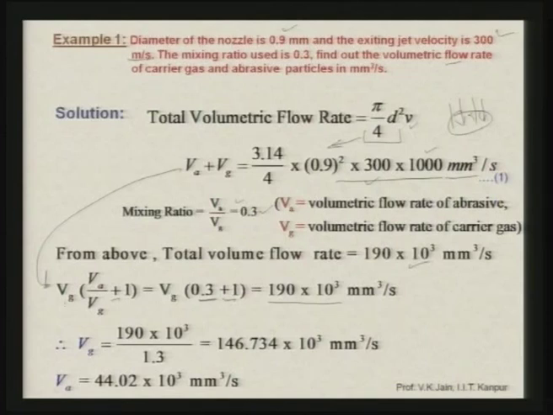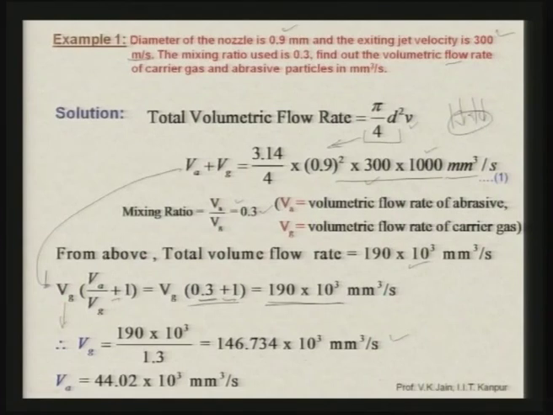So, from here we get Vg equal to 190 into 10 raised to power 3 divided by 1.3. So, you get 146.734 into 10 raised to power 3 cubic millimeters per second as the carrier gas flow rate.